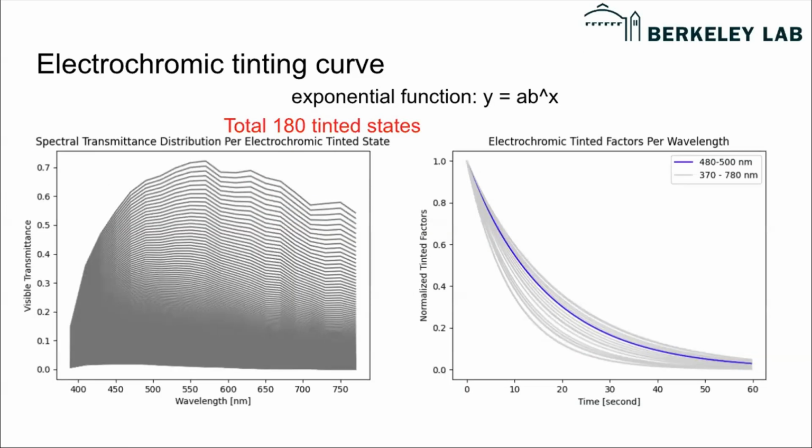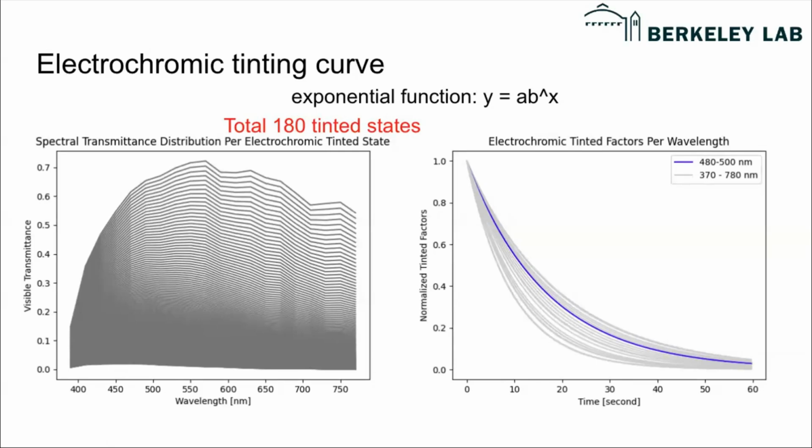The electrochromic tinting curve, this one is just a sample that we do with a simple exponential function, y equal to a times b to the power of x. On the left, you're seeing the spectral transmittance of each tinted state. Each line represents a tinted state. Here there are a total of 180 tinted states because I'm trying to make a 1 minute video, and there will be 3 frames per second.